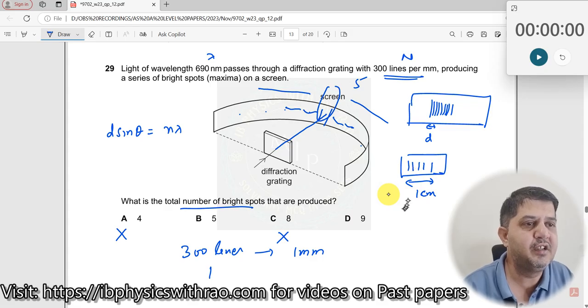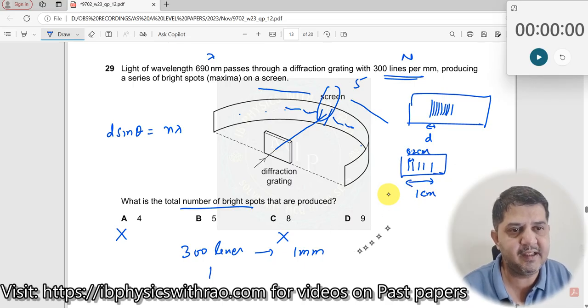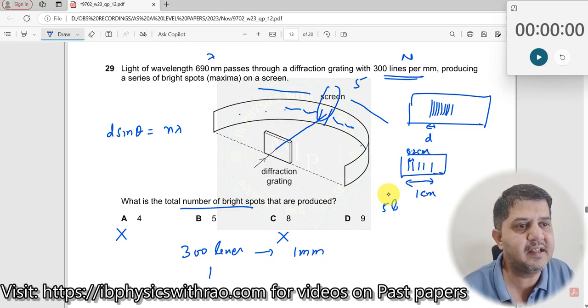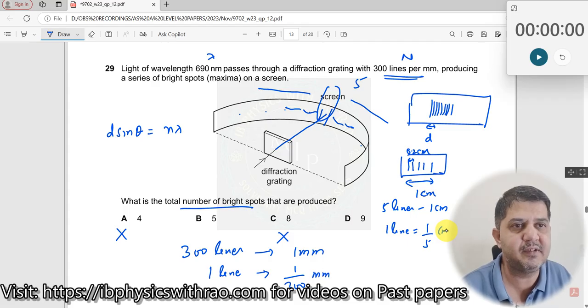For example, if I put 5 lines on a grating, 1 2 3 4 5, and the distance across them is 1 centimeter, and I ask what is the distance between one line and the next, you will say directly 0.2 centimeter. How do I know? 5 lines is 1 centimeter, so one line spacing is 1 by 5 centimeter, which is 0.2 centimeter. You do the same thing here. So one line spacing should be 1 by 300th of a millimeter.